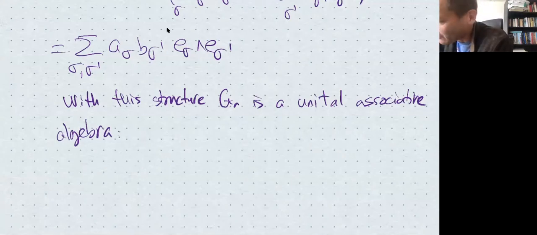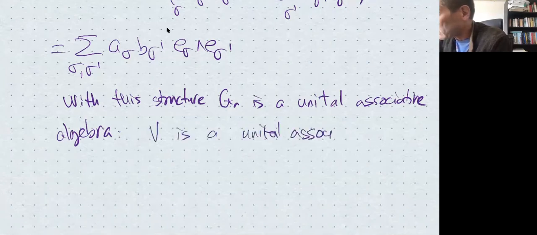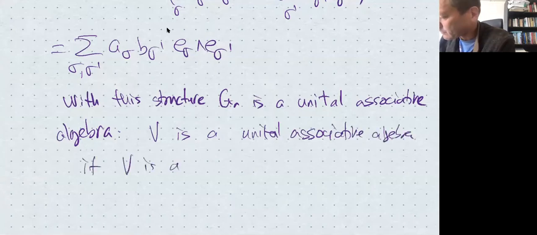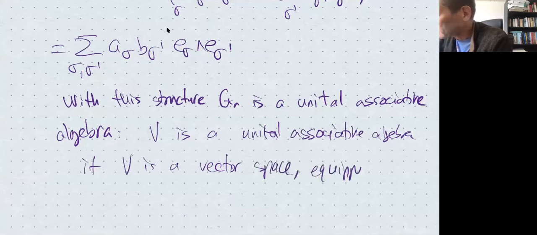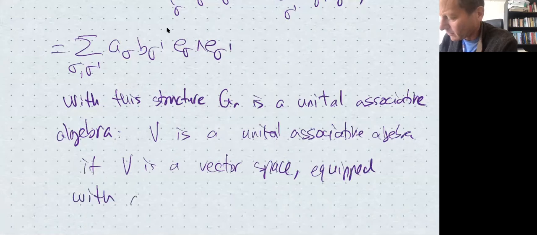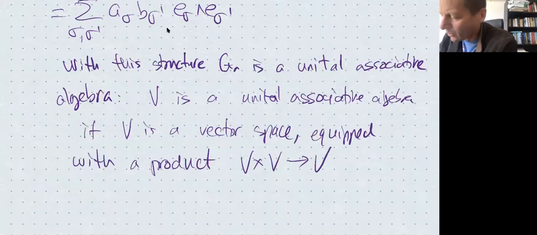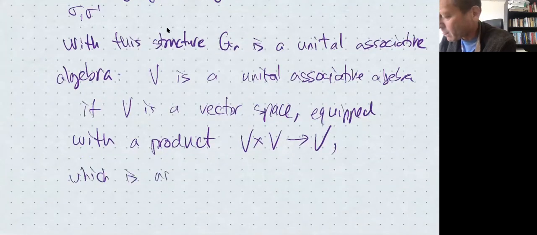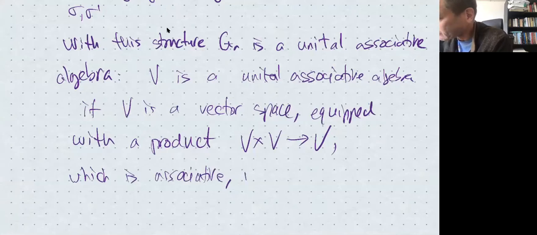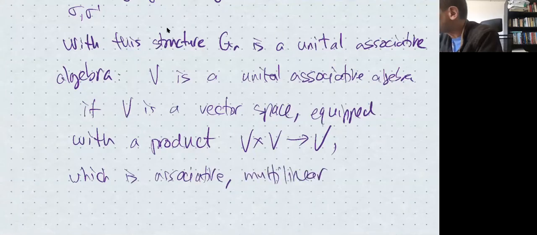V is a unital associative algebra if V is a vector space equipped with a product which is associative, and multilinear, I'll say what this word means in a second, and contains a unit.